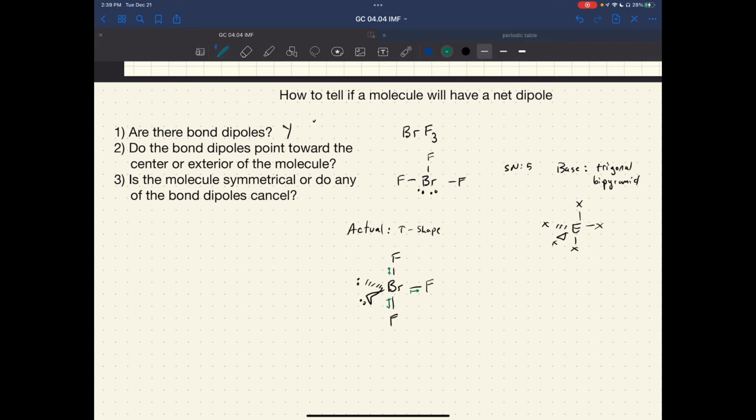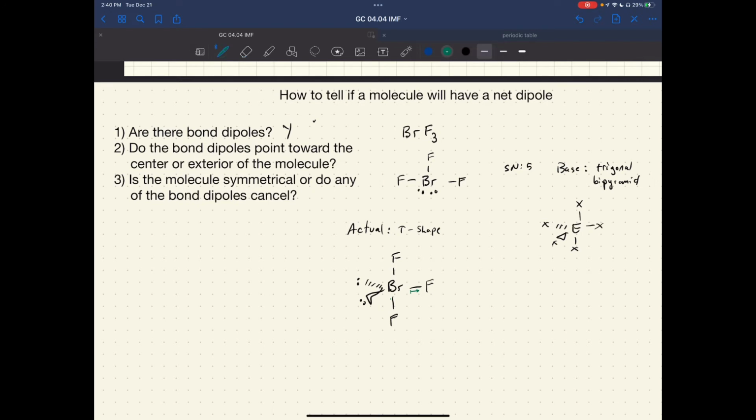Is the molecule symmetrical, or do any of the bond dipoles cancel? Well, when I look at my molecule, it's not symmetrical. However, these two bond dipoles here are pointing 180 degrees apart. So they're pointing in opposite directions, which means that they're going to cancel each other out. So I'm going to just real quickly erase those.